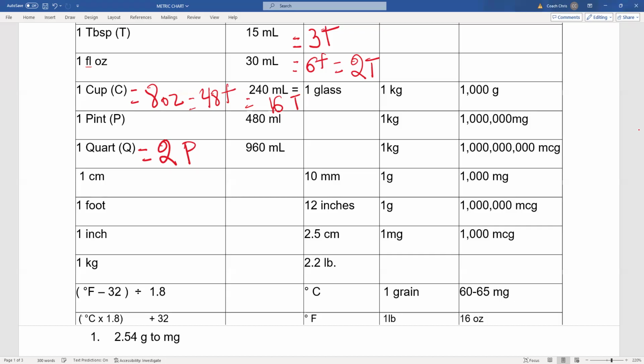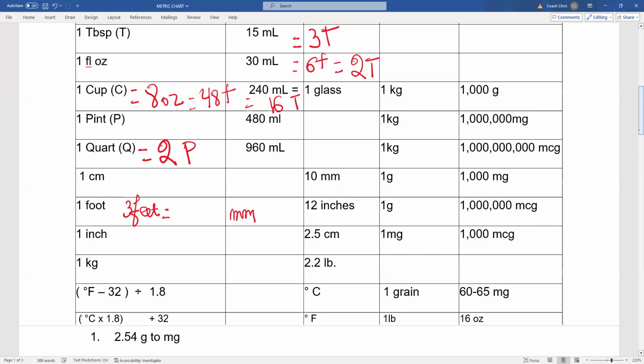So if they give you a value in feet, for example, they ask you 3 feet equals how many millimeters? You have to understand, you do not have a clear path to go from feet to millimeters. So you will have to convert feet to inches first, because I can go from inch to centimeter, and from centimeter I can make my way to millimeter.